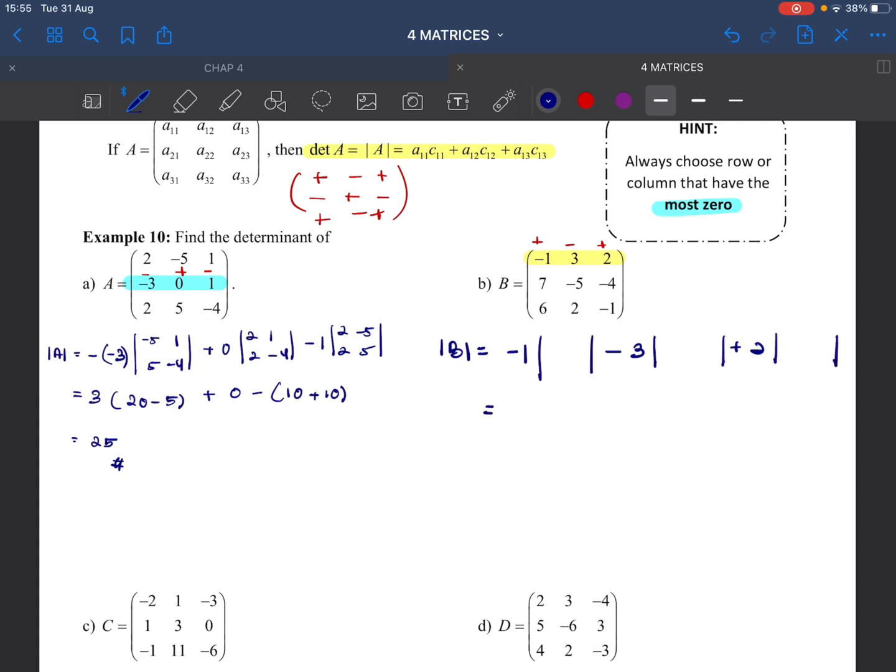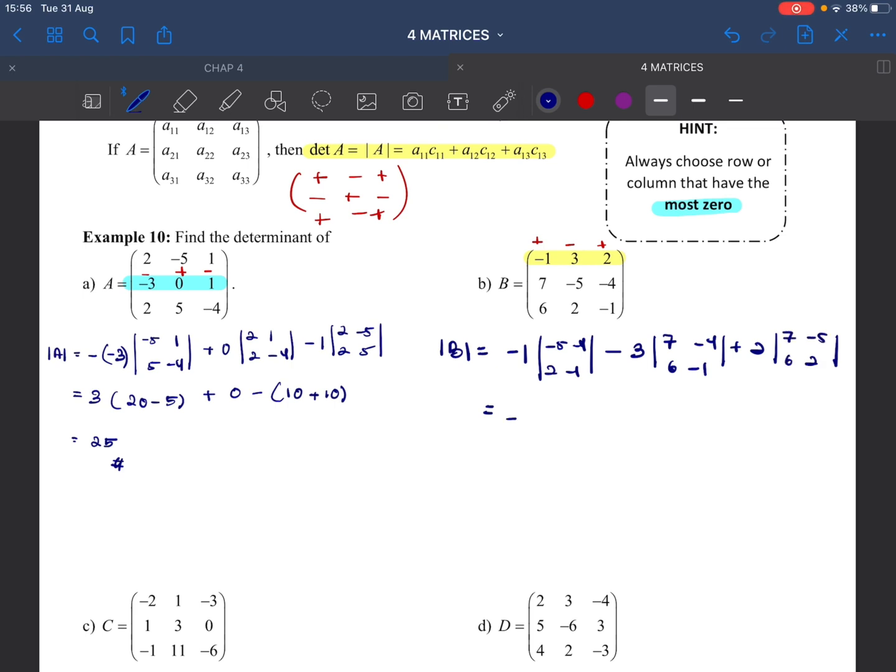Okay, so minor yang first one ialah negative 5, negative 4 to negative 1. Okay, for 3 yang ni kita delete kan row dia dengan column dia. 7, negative 4, 6, negative 1. And the last one is 7, negative 5, 6, 2.